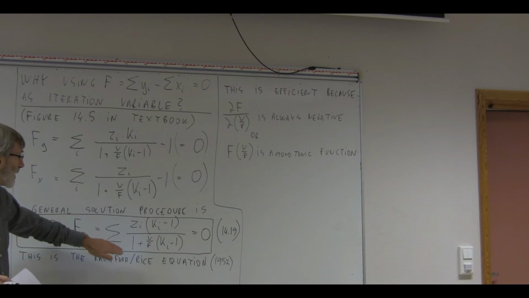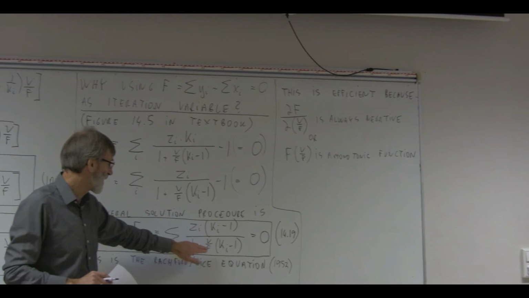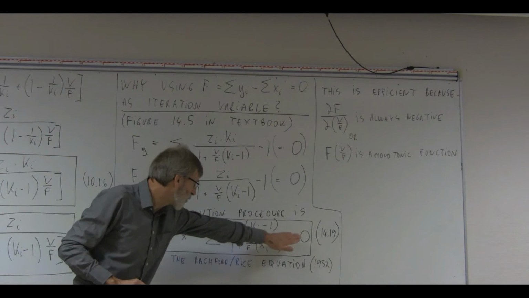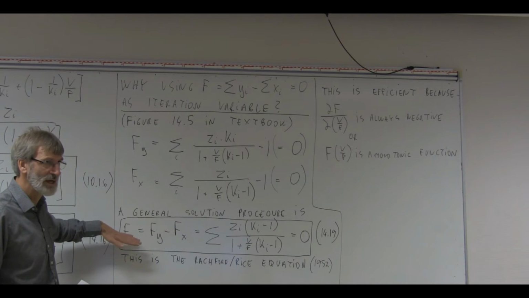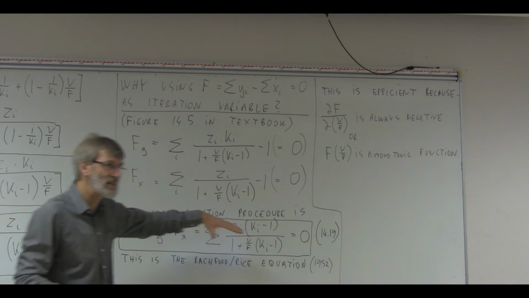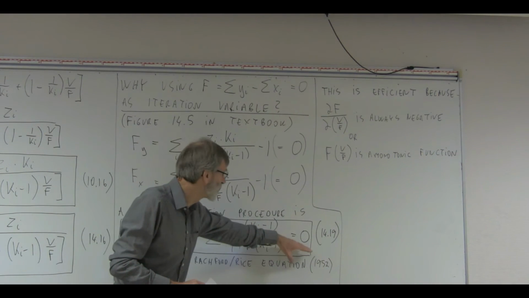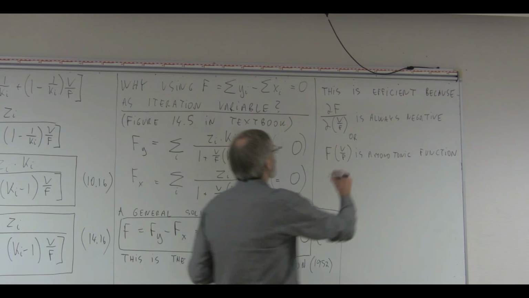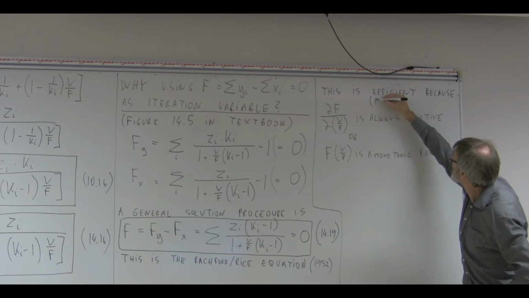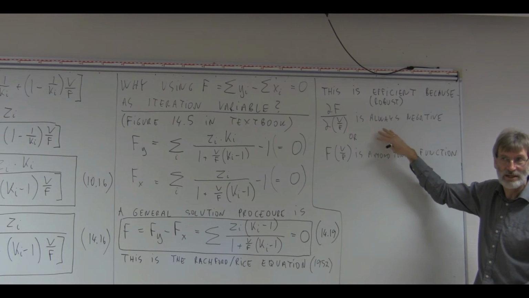That is, if we change the vapor to feed ratio, then we know that this function is a monotonic function, so that we will always get a solution to this. We can vary this, and we can be sure that we will get a solution to this. And what is perhaps more important than efficient is that it is robust, which means that we will always get a solution.